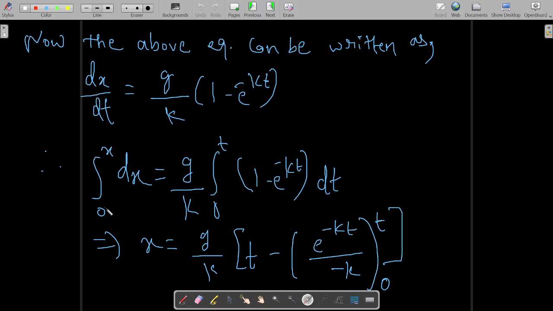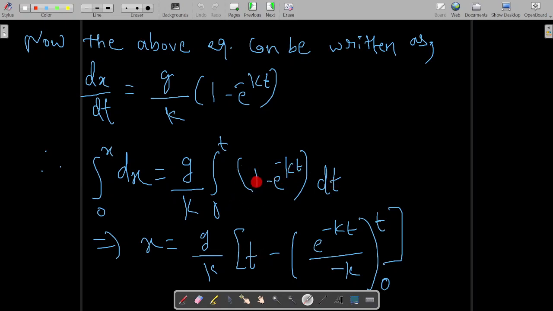In this particular case those two will be equal, because this is unidirectional as well as linear motion. So integration 0 to x dx, g by k is there, 0 to t, 1 minus e to the power minus kt, and dt. Dx will become x, and 0 to x is there, so x minus 0 will come, so it will be x. G by k is there already, and 1 minus e to the power minus kt dt is there already.